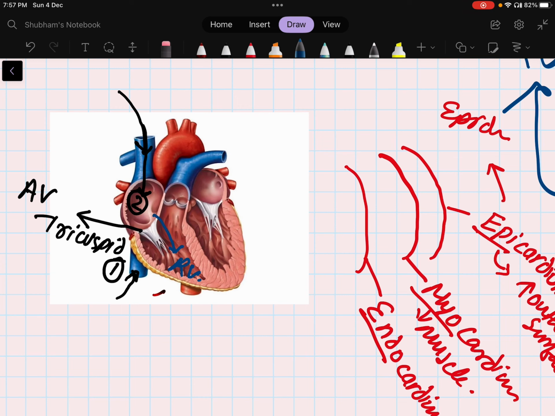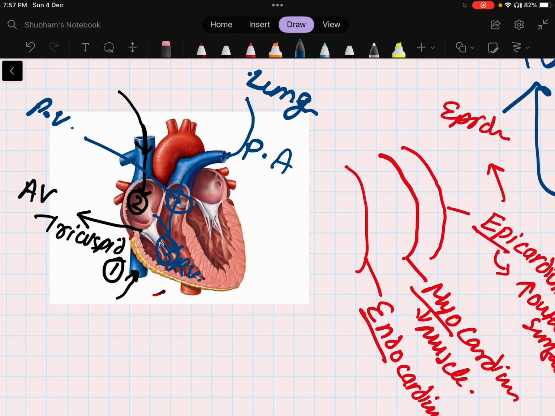And from the right ventricle, the blood will travel into the pulmonary artery, not the vein, pulmonary artery to lung. From there, this filtered blood goes via which wall? Pulmonary wall, right?